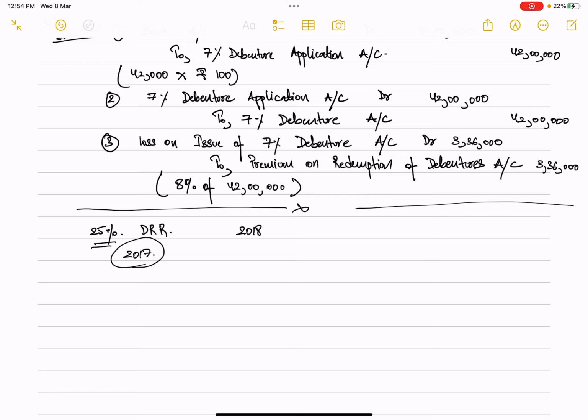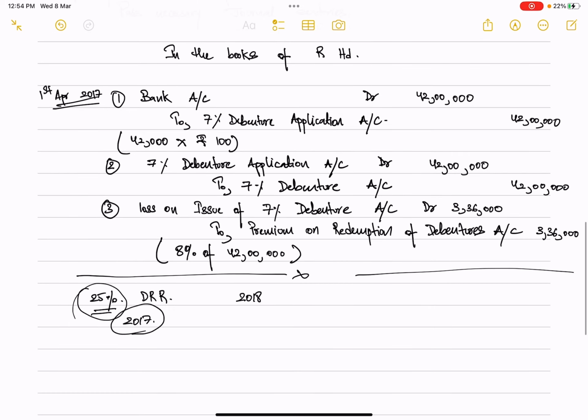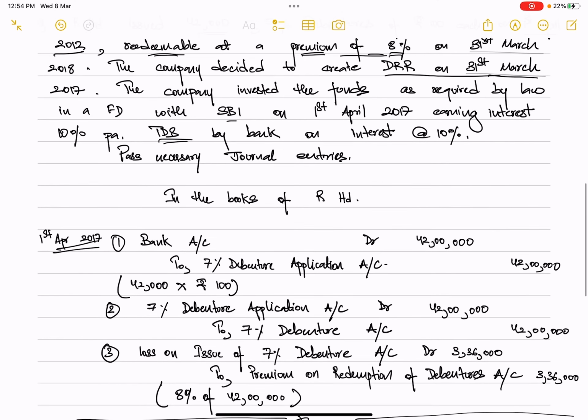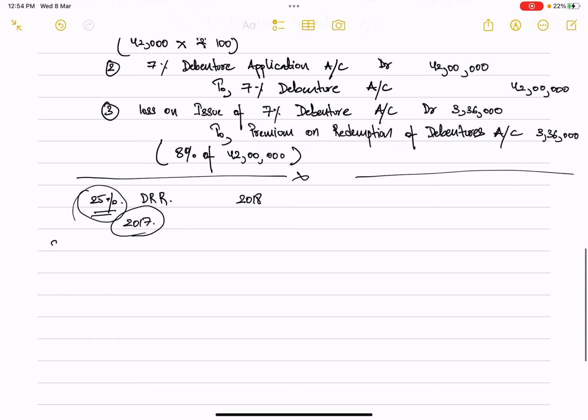If the company cannot prepare 25% at once, note that the company issued these debentures in 2012, so from 2012 onwards up till 2017, in between they can make multiple contributions as well.